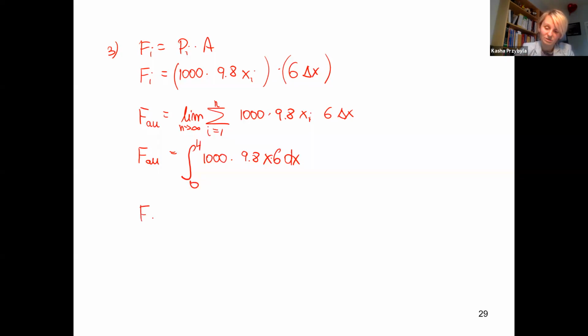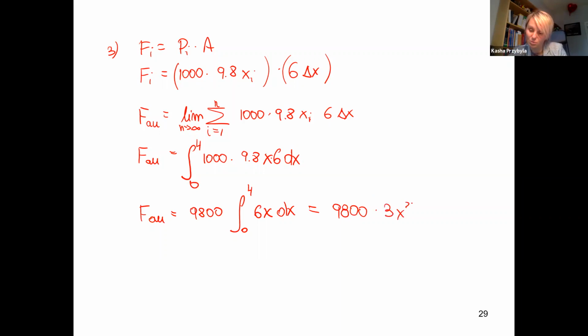Okay, I mean this is 1000 times 9.8, which will be 9,800. Integral from 0 to 4, 6x dx. Oh, that's 8 actually. Okay, what's the integral of 6x? 3x squared.